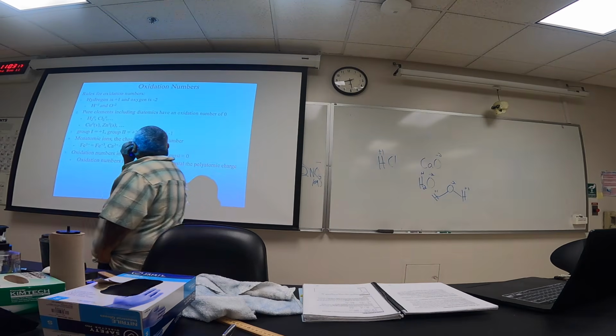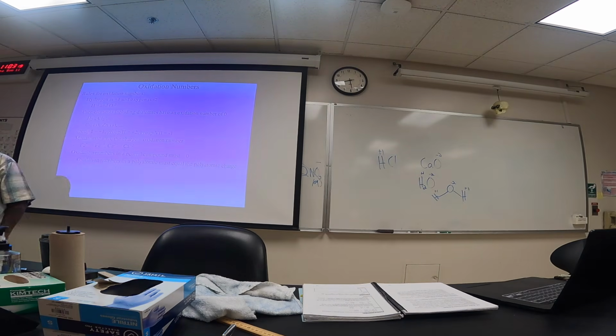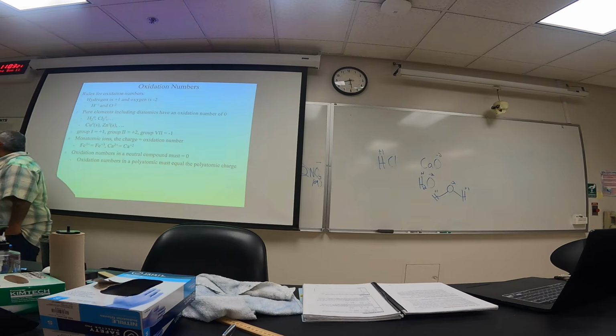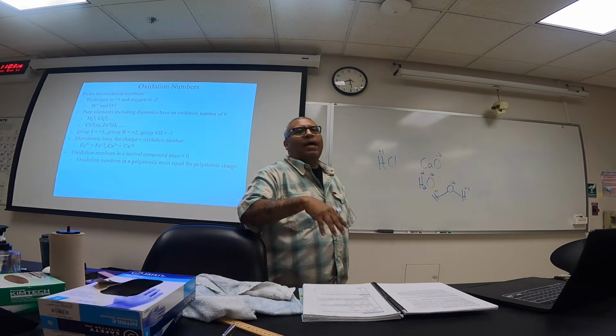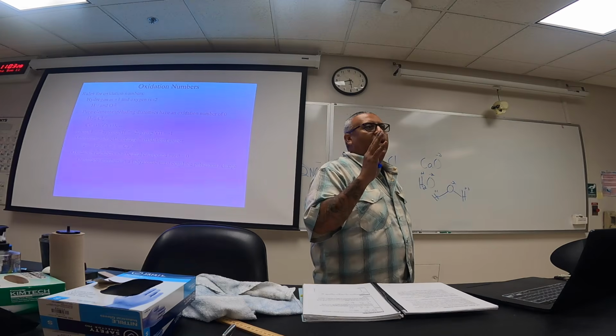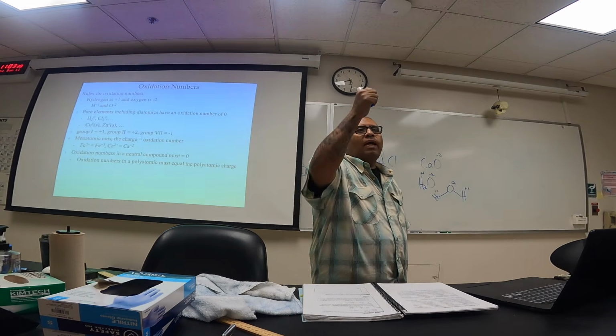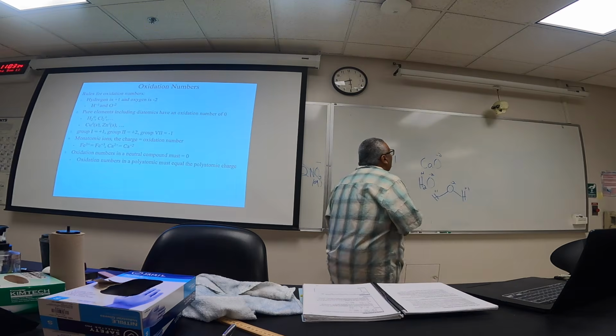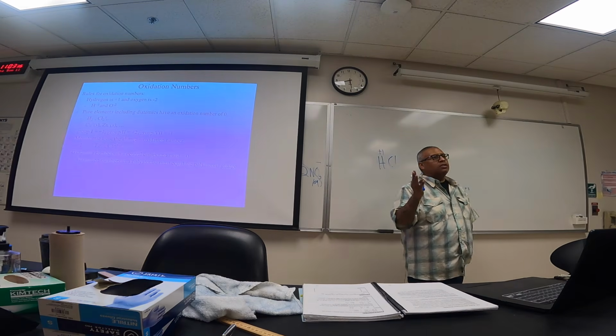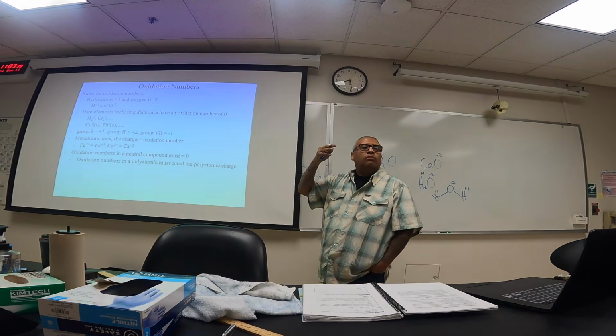All right? So that's rule number 1. Rule number 2, pure elements. Anything we see on the periodic table in its elemental state, how it naturally occurs. And for diatomics, right, have no fear, ice cold beer, hydrogen, fluorine, nitrogen, oxygen, all of our diatomics naturally occur.